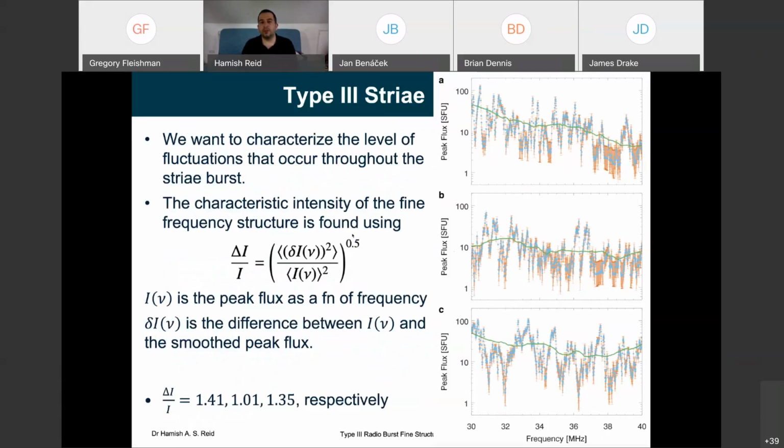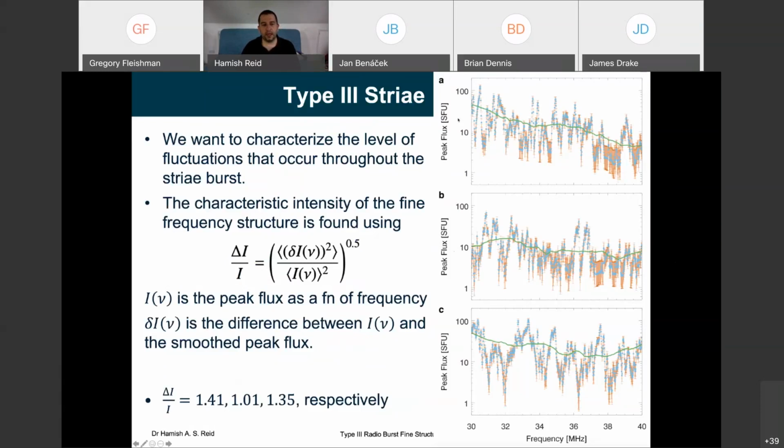So what we wanted to do is characterize the level of density fluctuations that actually occur in these striae bursts. So between 30 and 40 megahertz, we found the peak flux as a function of frequency, which you can see here with the associated error. And then we've plotted a smoothed function through the peak fluxes.